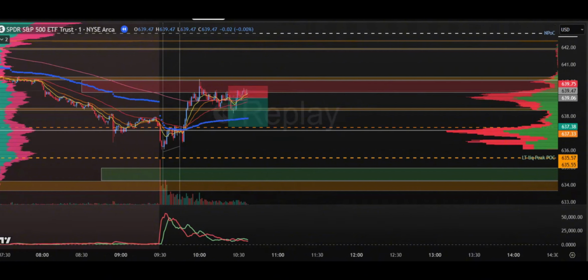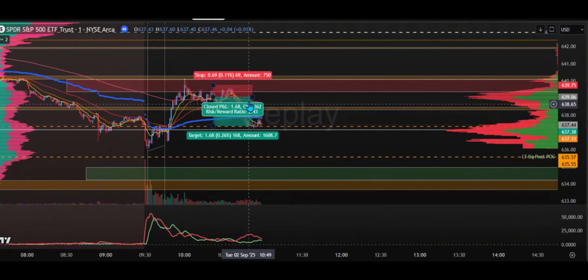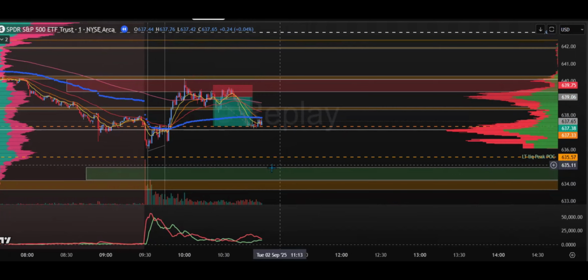So a little bit of drawdown, but we make a huge push down towards VWAP. VWAP breaks. We hit our profit target at the point of control, and we can just leave our runner in here, knowing that it's a potential that this comes all the way down to the bullish area down here, the bullish reversal zone.